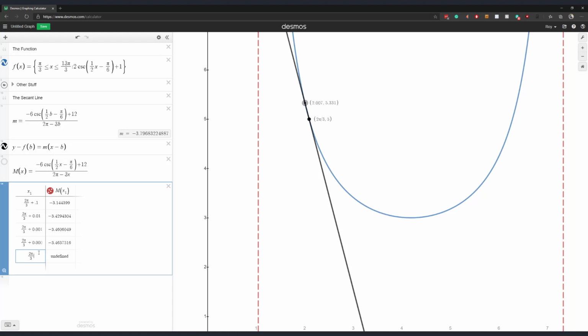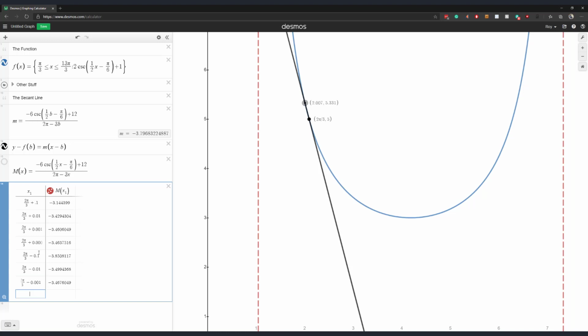It's 2 pi over 3 minus 0.1, and then 2 pi over 3 minus 0.01, and so on. You get the idea, right? So you could do this all day long if you really wanted to.